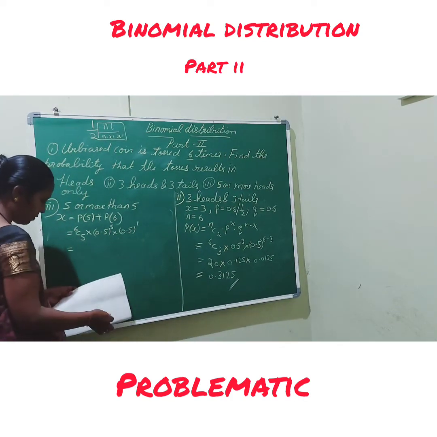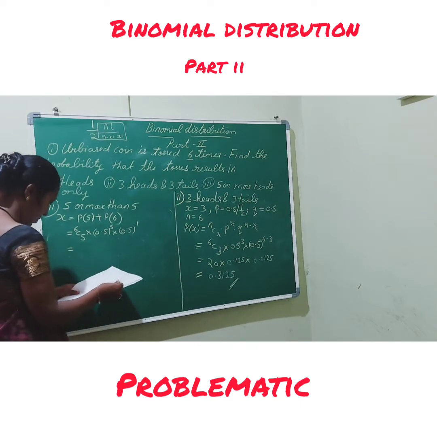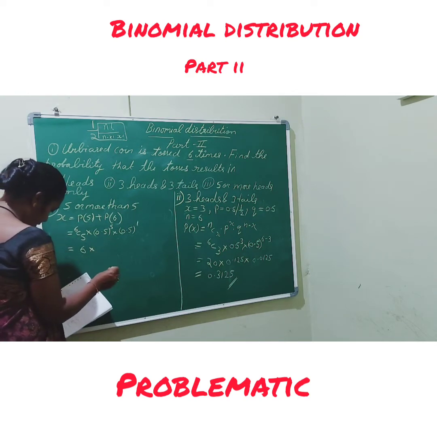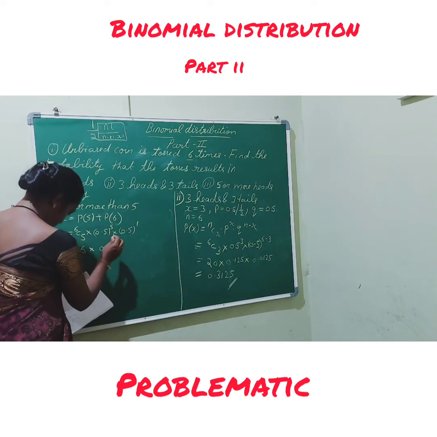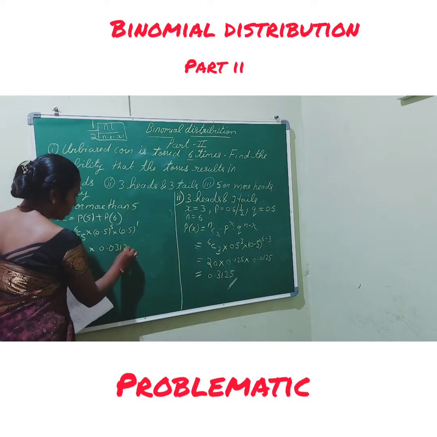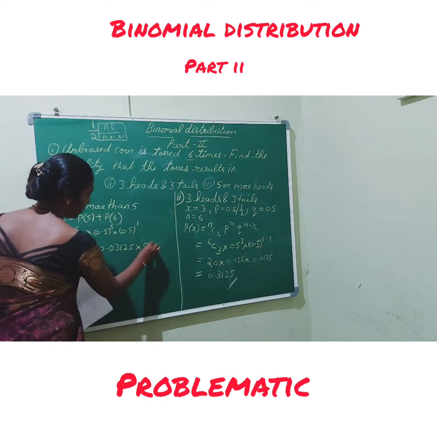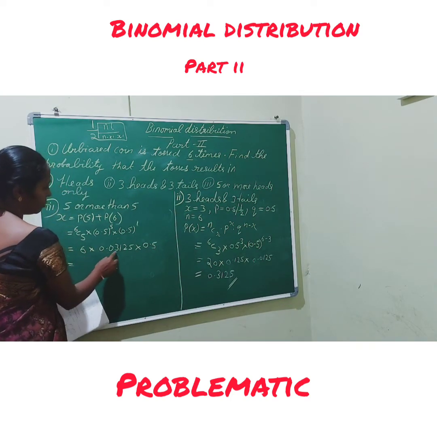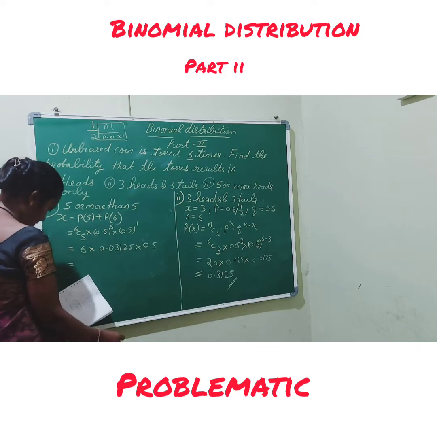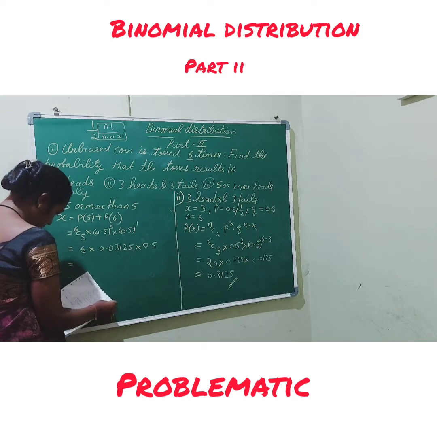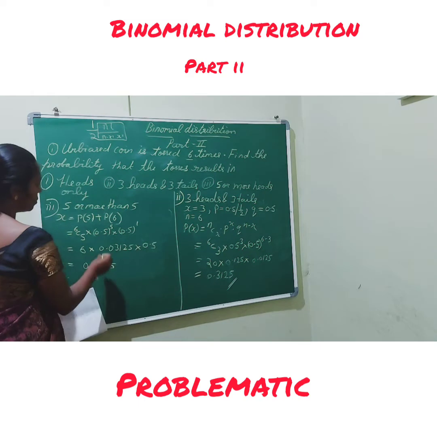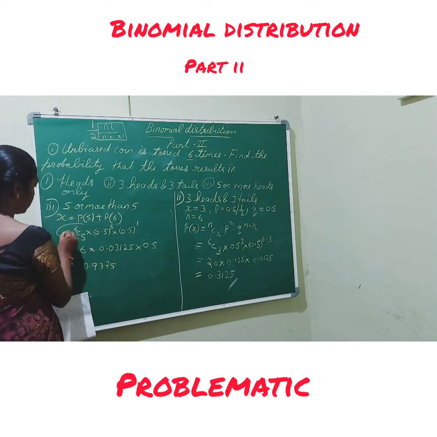So 6C5, we have got the answer as 6, into 0.5, we have to multiply 5 times. So your answer is 0.03125, into 0.5, this is only 1 time. So now 6 into 0.03125 plus 0.5, your answer will come around 0.9375. Okay, this is only for 5.